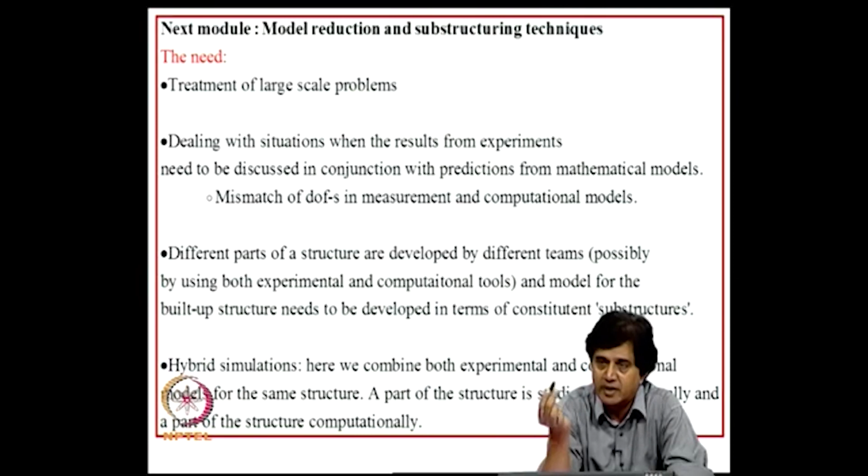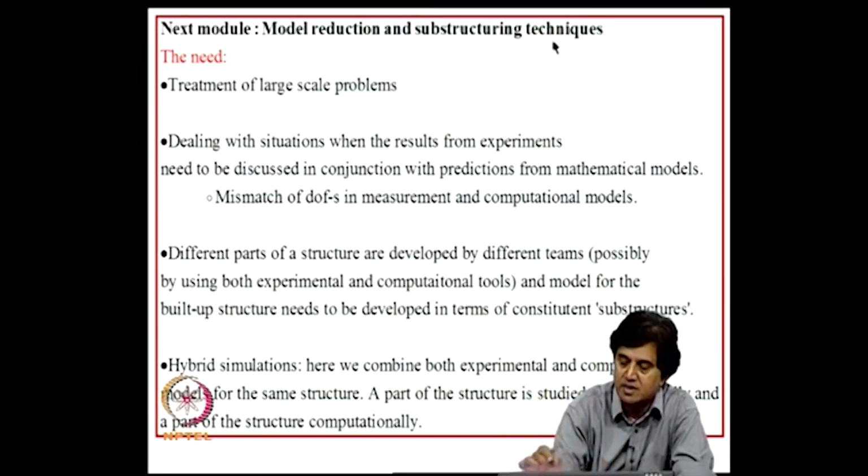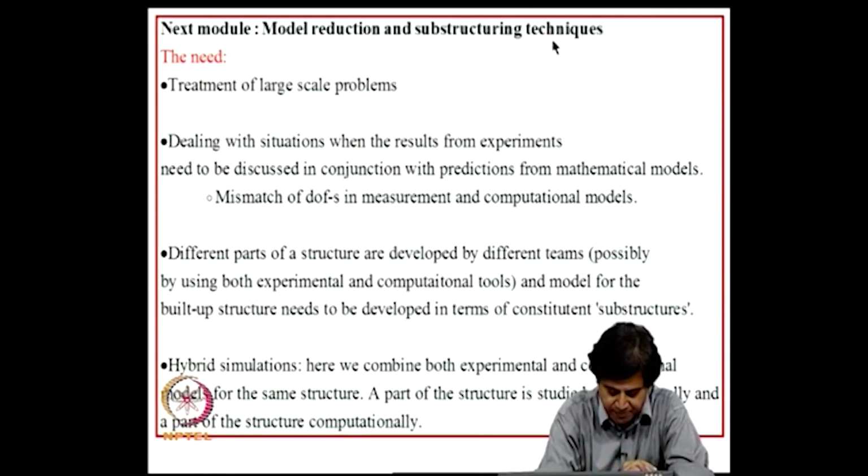So each team will make a valid finite element model for the particular substructure that they are dealing with, and they may also conduct experiments on each of the substructures that they are studying. And finally, when the structure is assembled, the computational model needs to be assembled, the experimental model needs to be assembled. So what are the issues? So these issues take us to discussion on substructuring methods.